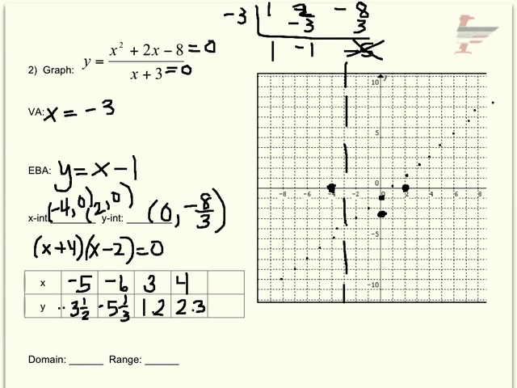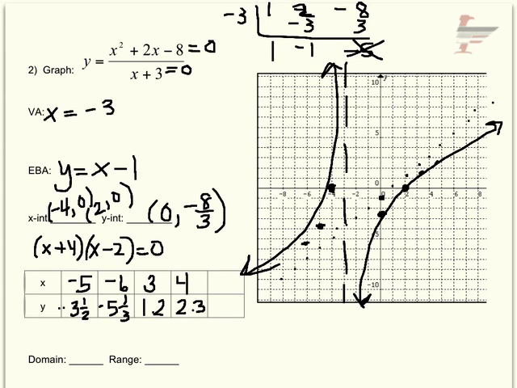So if I graph those, -5 and then -3.5, -6 and -5 and 1/3, I really can see that piece there. And then 3 goes to about 1.2 and 4 goes to about 2, so yeah, it's just kind of riding along that asymptote.